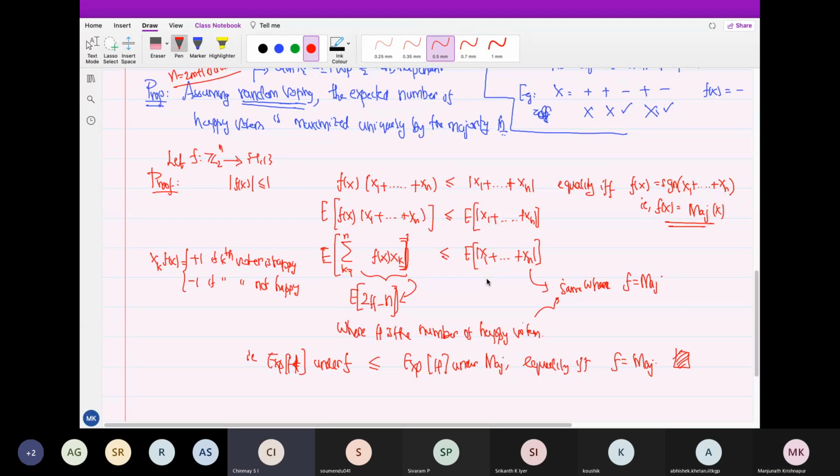No, if the voters vote randomly in any sort of way, then in expectation, I'm not saying this like a rigorous statement, but it makes sense to think that in expectation, more will be happy if majority is given. Yeah, but for a particular x, it can go the other way. I see, I see. So actually, true.